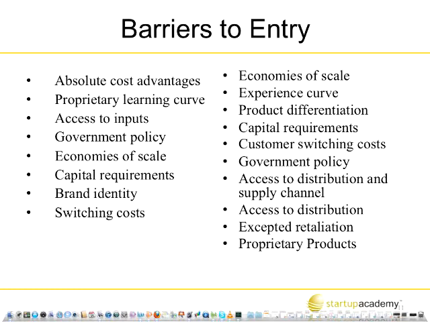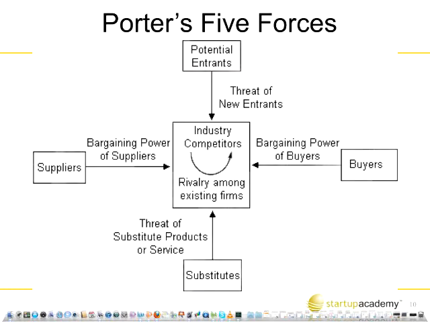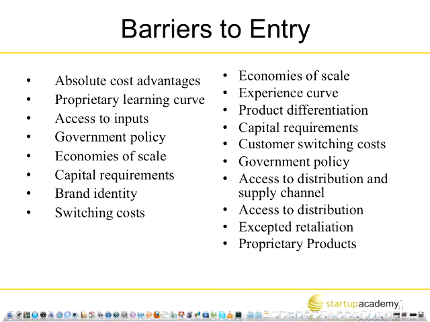This idea of barriers to entry is also, ultimately, as we looked at in the 5 forces here, about the structure of the industry, and part of this is how difficult it is for us to enter this market profitably. That's related in large part to these barriers to entry.